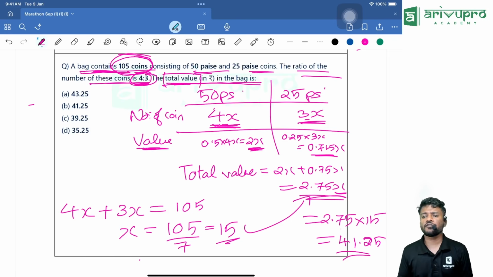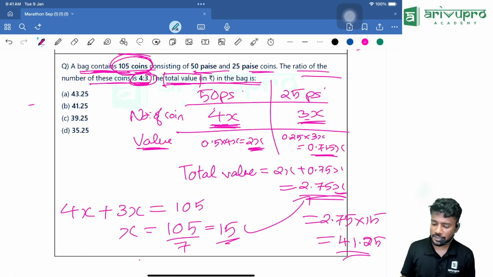So another method you can follow is to check which of the options is divisible by 2.75. It should be exactly divisible because it is the value. Then that will also give you the answer. Check once which options are doing that. 39.25 divided by 2.75. Is it divisible? No. 35.25 divided by 2.75.